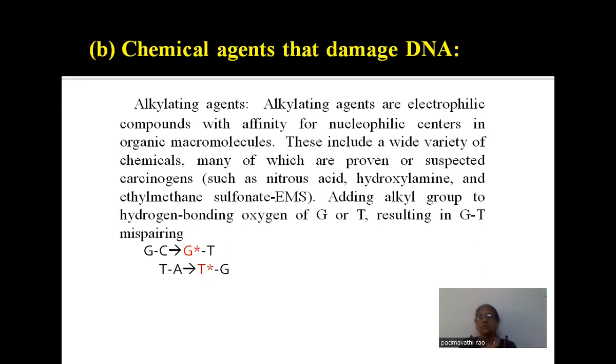They are responsible for the breaking, disturbing or mispairing of the nitrogen bases. As a result, abnormalities occur. So these are the main causes for the damaging of DNA or even the chromosomes. Sometimes spindle fibers are also disturbed.